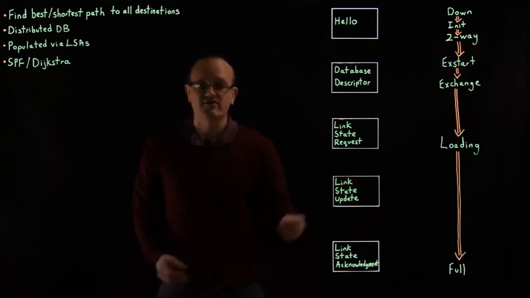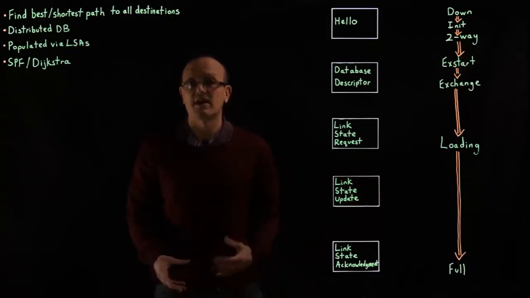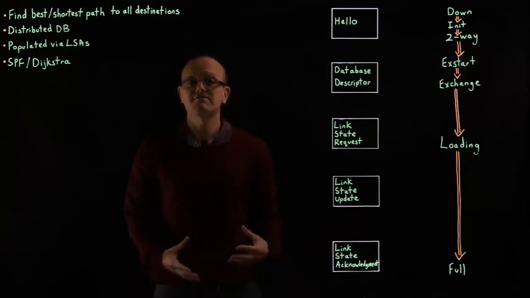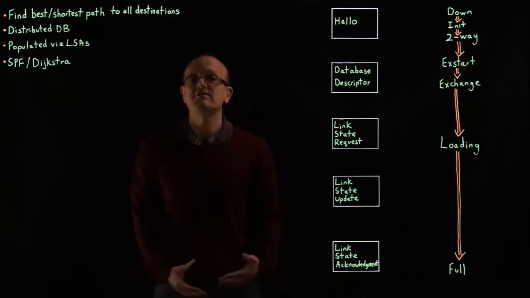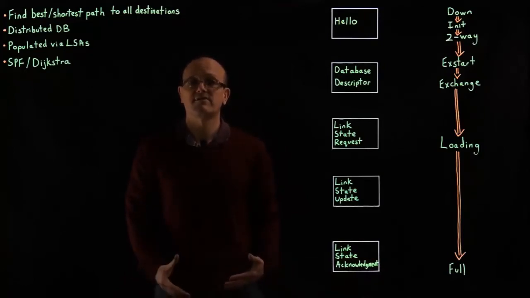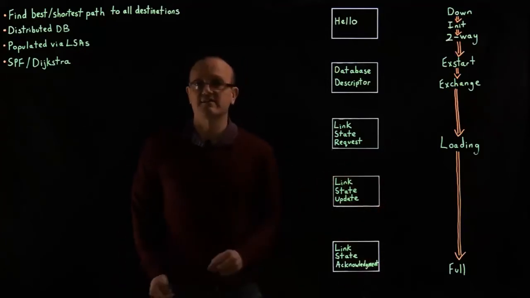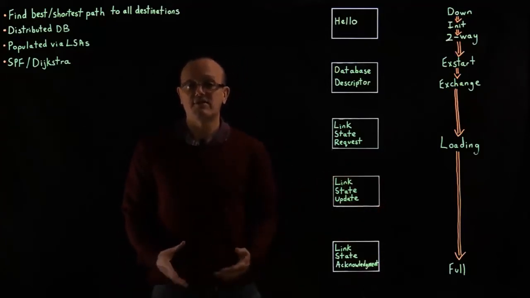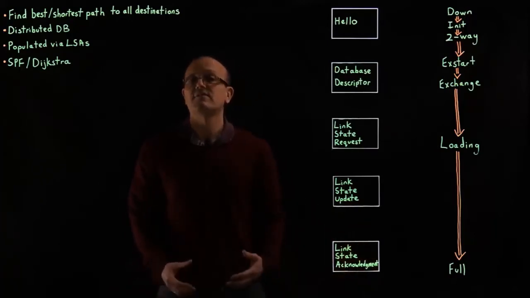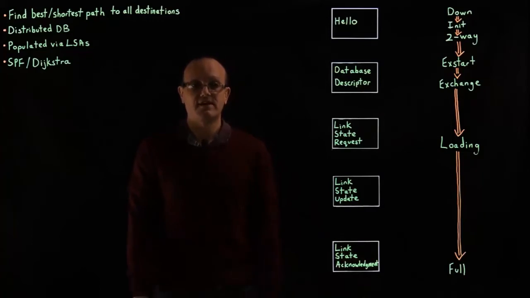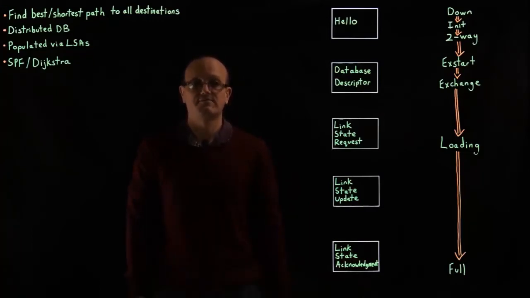So these are what are actually exchanged that then brings our database in sync with our neighbours. And then finally, we have link state acknowledgement packets. And these are used because OSPF implements its own reliable delivery mechanism. So for every link state update that's sent, the neighbour that's receiving it sends a link state acknowledgement to tell the sending neighbour that it's received the update. If the update is not acknowledged, it will be resent.